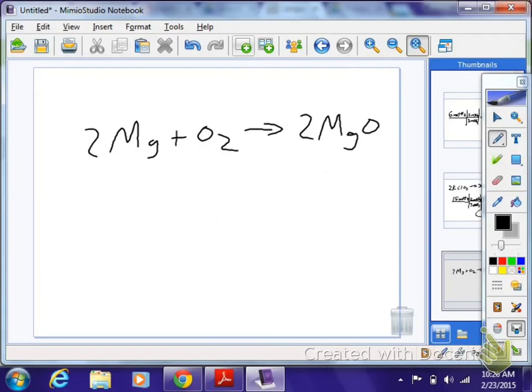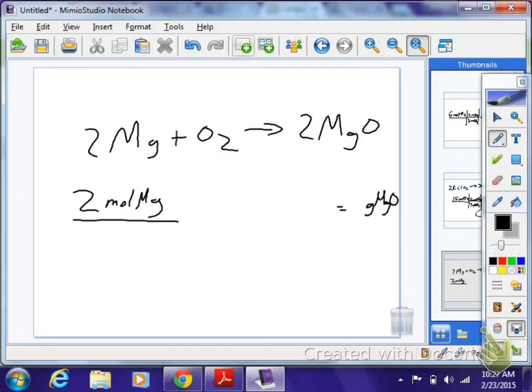So again, top of page 308, number 1. It says you have 2 moles of magnesium reacting, and it wants to know how many grams of MgO is produced. So 2 moles of magnesium is your starting point, and then what you need to do is end up with grams of MgO.